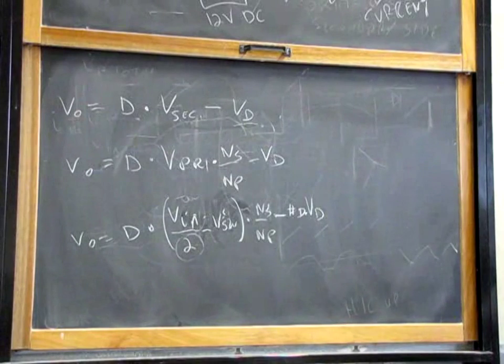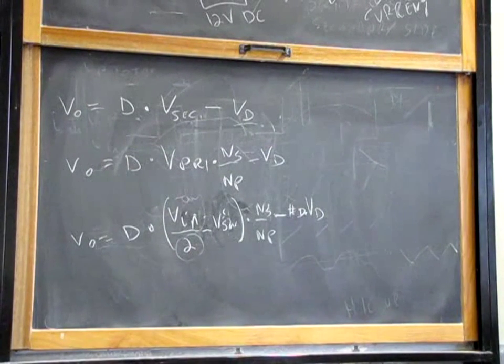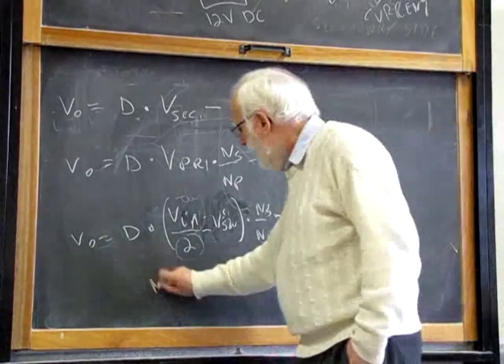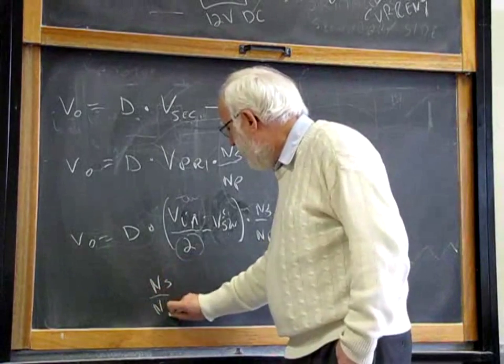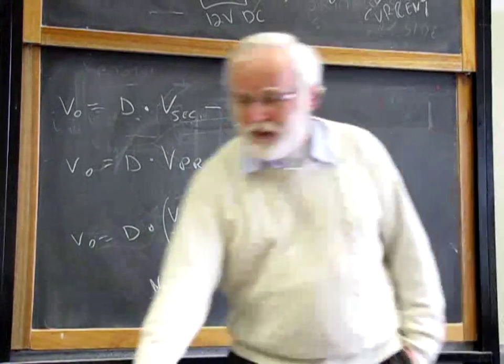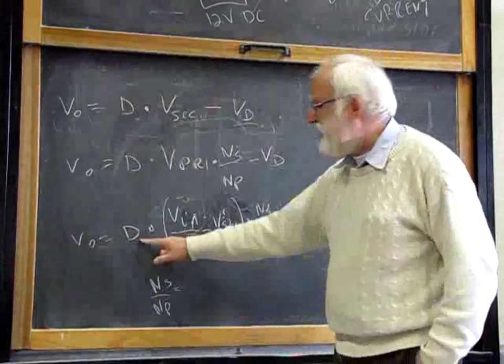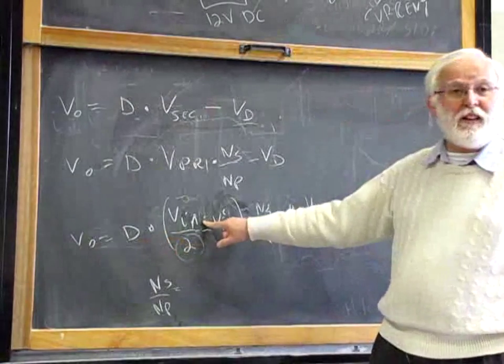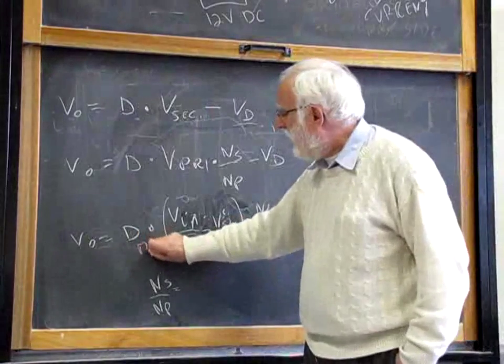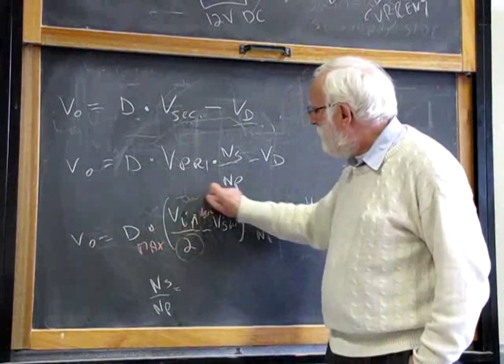What can we derive from this equation? Ns over Np. When we derive Ns over Np, we have to fix the worst-case variable, and we can put here Vmin, the minimum.